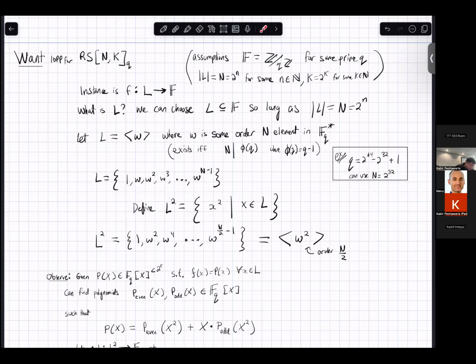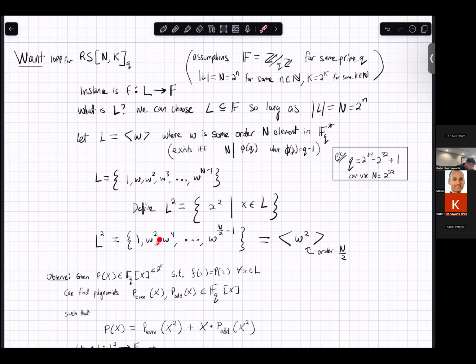What is the multiplicative subgroup generated by omega? It is exactly 1, omega, omega squared, omega cubed, all the way up to omega to the N minus 1. Because omega is of order N, omega to the N is the same thing as 1. Some slightly weird notation, which I believe is justified, is that I'm going to define L squared to be the set of x squared where x comes from L. Notably, L squared is equal to 1, omega squared, omega to the 4th, and so on.